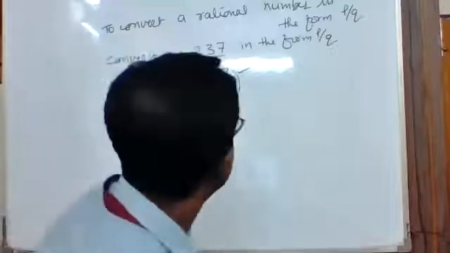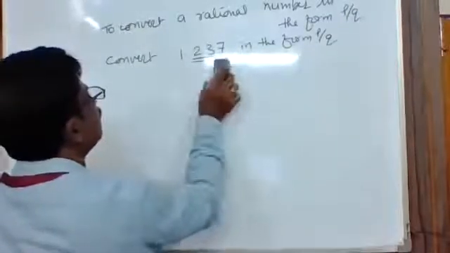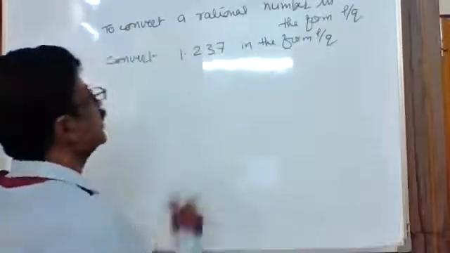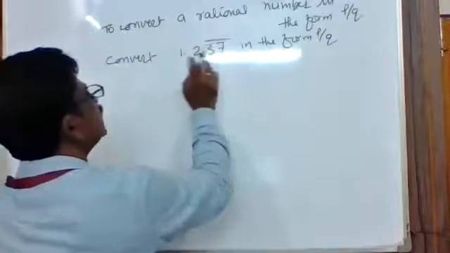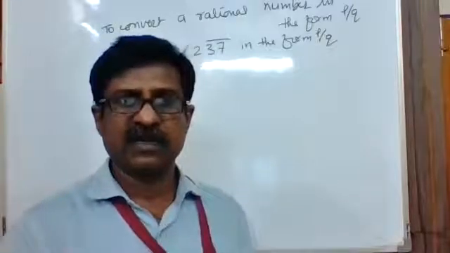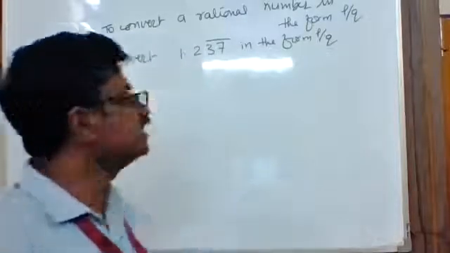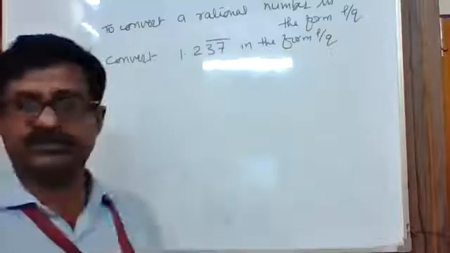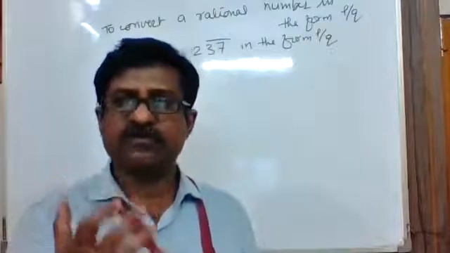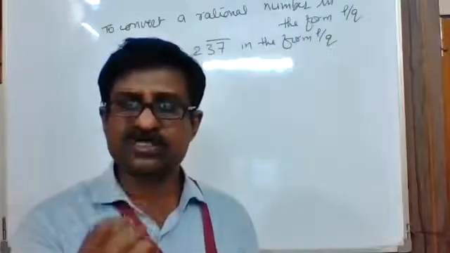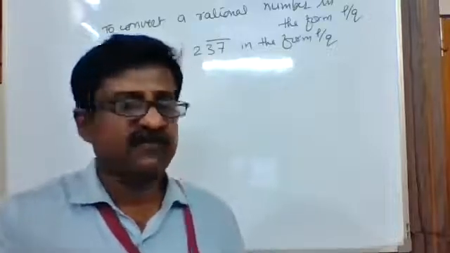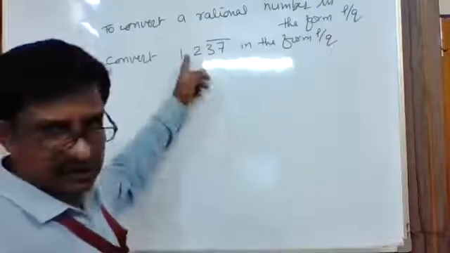Now we are going to do the case where the question has a bar, which means certain numbers are repeating. If 37 is repeating, 37, 37, 37, it is continuously repeating. Now, how to convert this number in the form of P upon Q? We have to follow certain steps, and every time you have to follow the same steps. The first step is after the decimal.